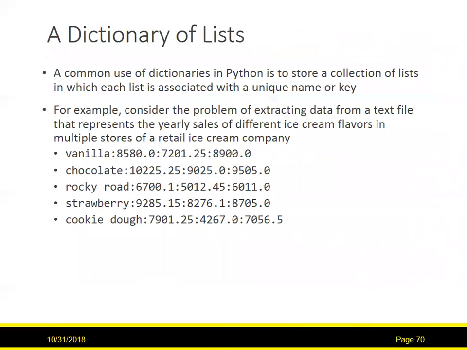I think the code changed because it's separated by a colon instead of a comma now. But we have the word in the index. And then, is this just like a key value pair? Yeah, pretty much. It's just a key and a value. So vanilla is the key and the value is whatever follows.